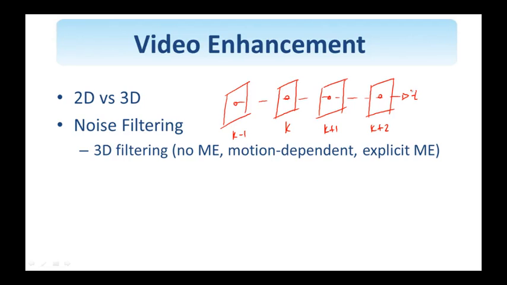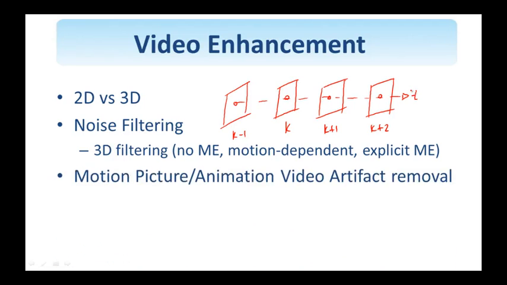As a specific case, we will look at an example from animation video. In addition to noise, other artifacts are present which need to be removed as well. Similar problems are encountered in processing digitized motion pictures in general.